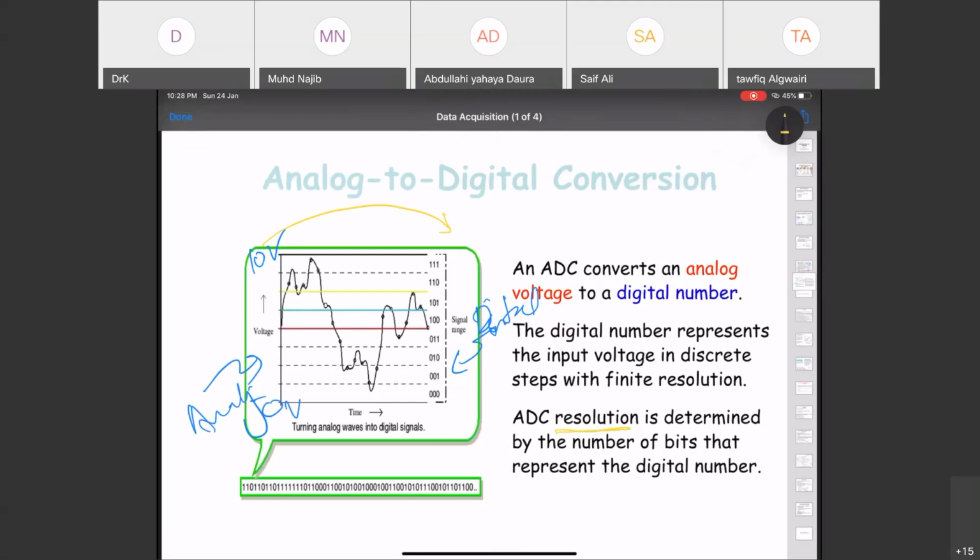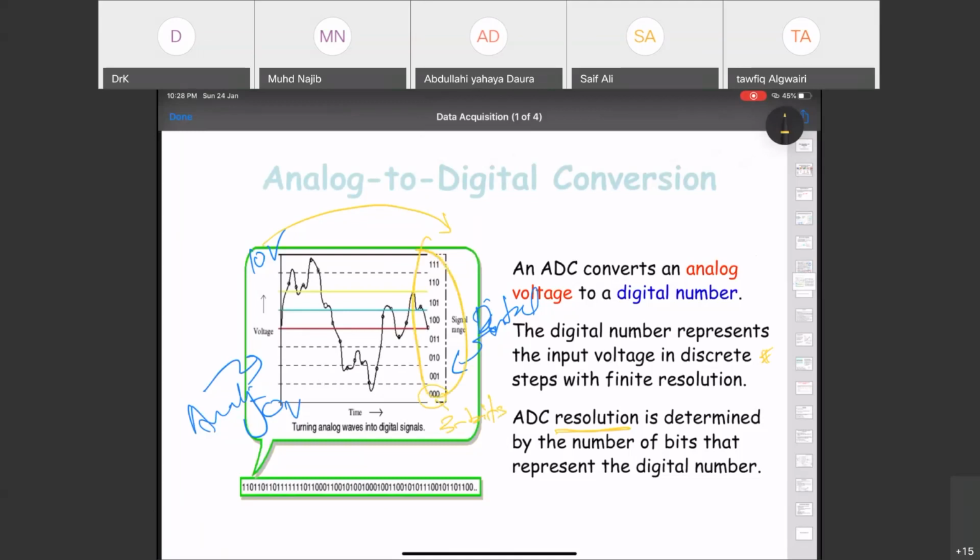It says here in this text, the digital number represents the input voltage in discrete steps with finite resolution. ADC resolution is determined by the number of bits that represent the digital number. In this case here, you have 3 bits.